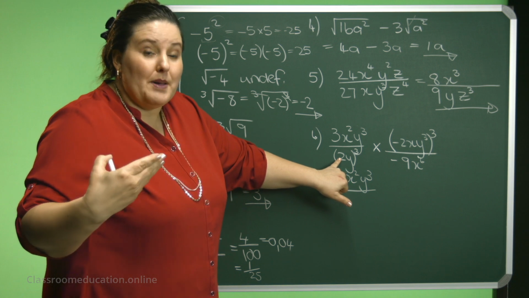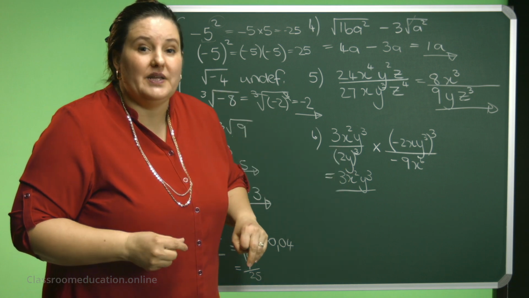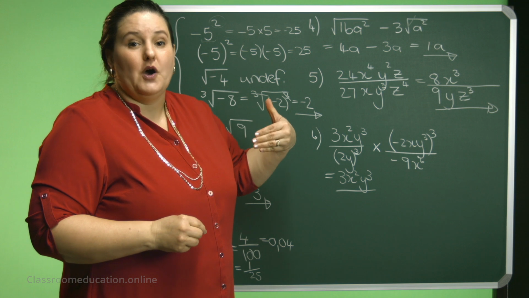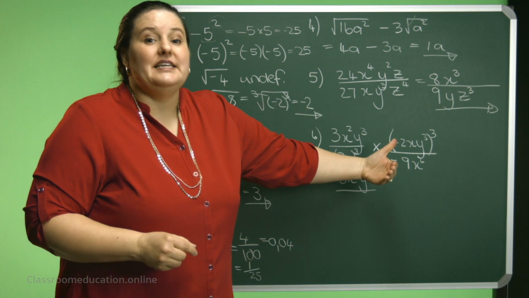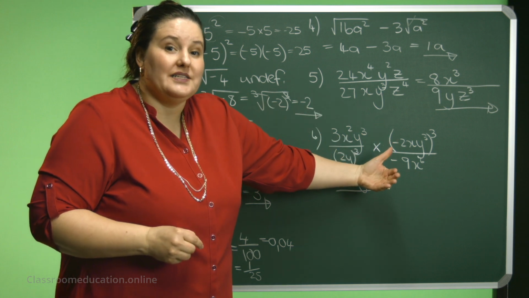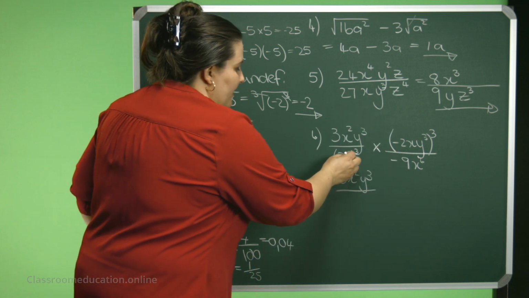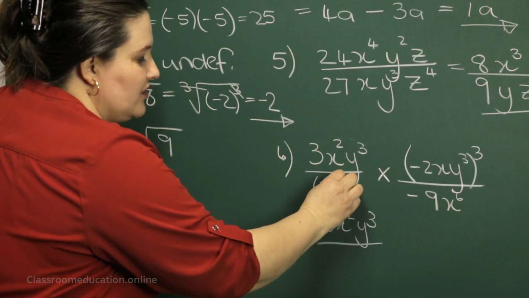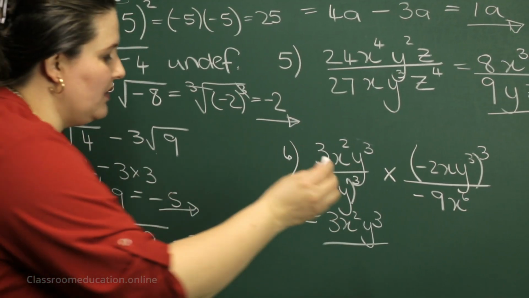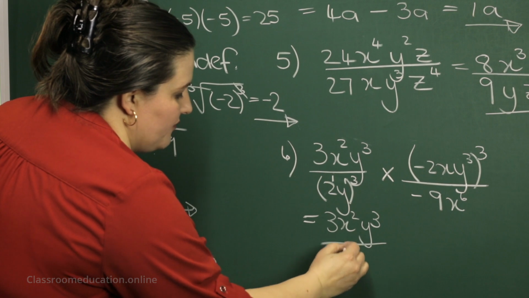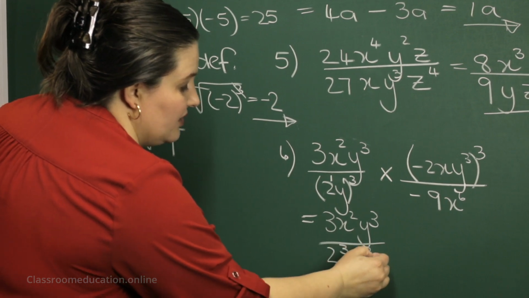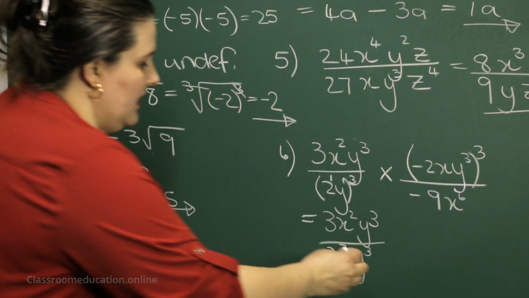Or actually, I'm applying the third law of exponents that says, if I have an exponent outside the bracket, I need to multiply the exponents with the exponent inside the brackets. So there I have 2 to the power of 1 and y to the power of 1. So then I will say it's 2 to the power of 3 and y to the power of 3.